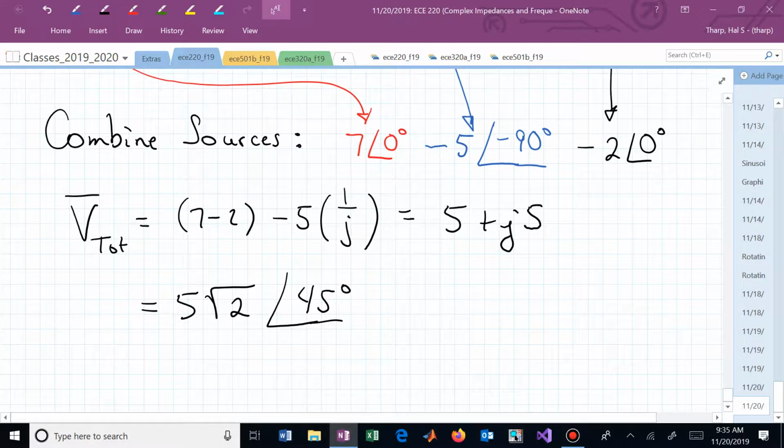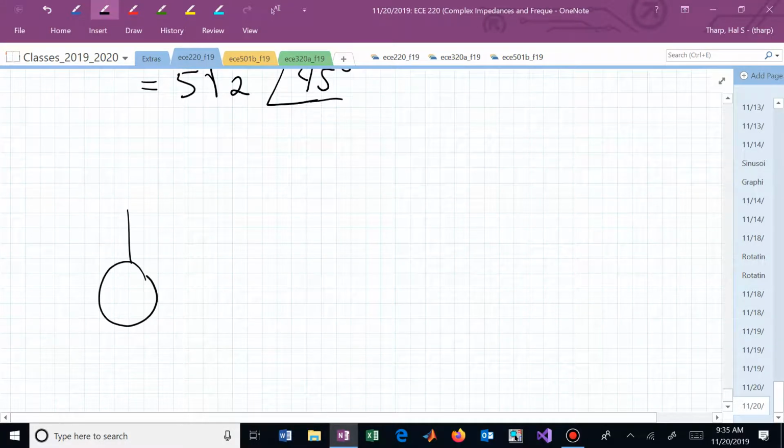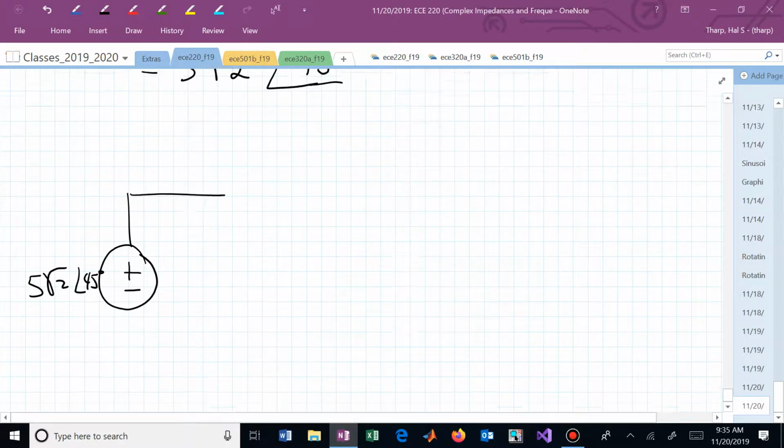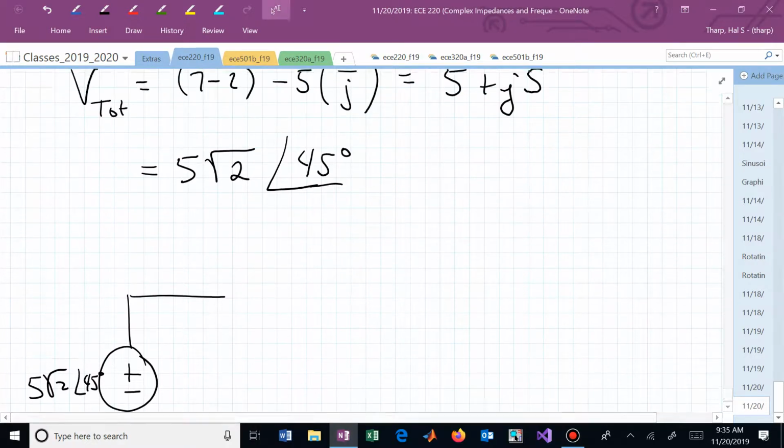That's now our source, and so now we can start sketching this in the frequency domain.